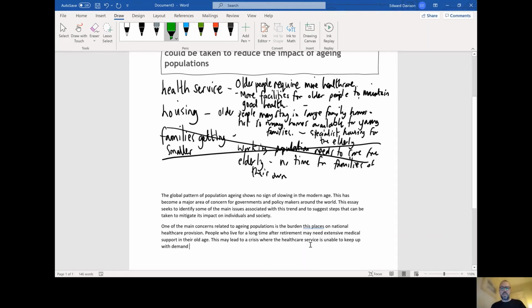Let's say this: the healthcare system is unable to keep up with demand for its services.